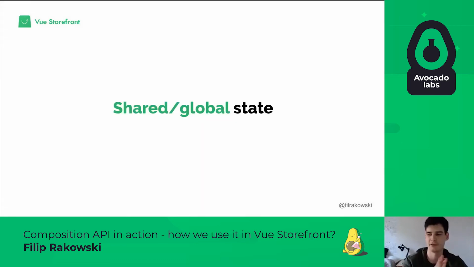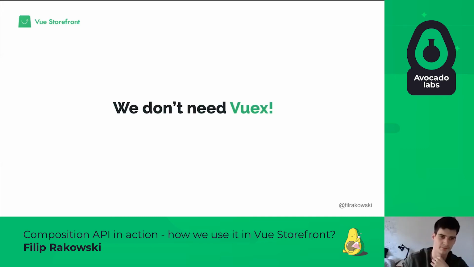And the same way we are using composition API for this local state inside composition API functions, we can use it to manage state that is global or shared, however you call it. So as I said, it could be a great replacement for state management libraries like Vuex.